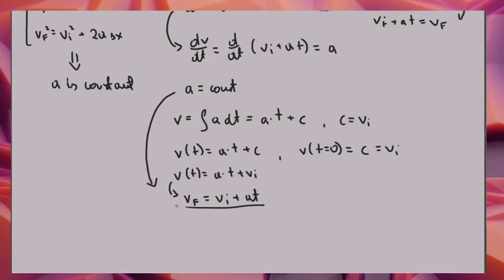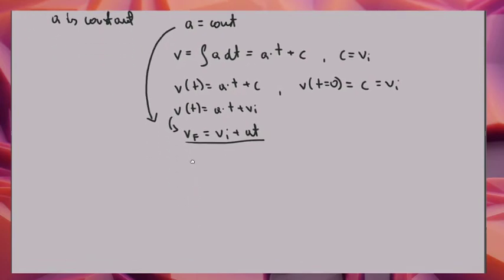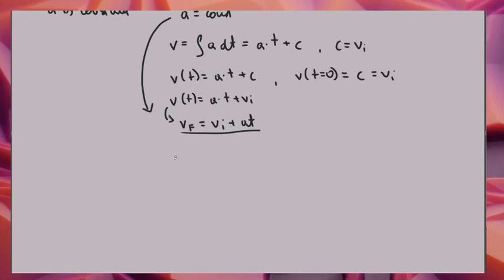You can take another step and take another antiderivative of this expression. From the theory of calculus, we know that the position function x as a function of time is just the antiderivative of v, the velocity function, dt. You could put the limits here if you wanted to. You could go from 0 to some final time t, or you could just do this integration this way.